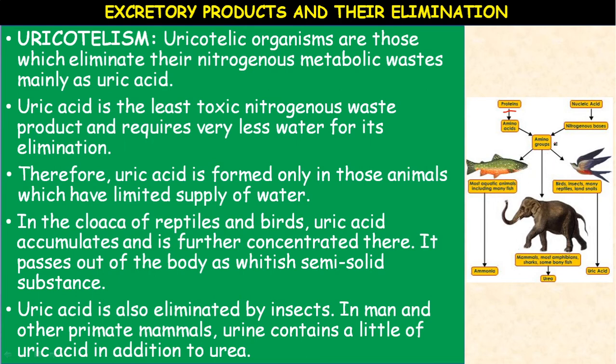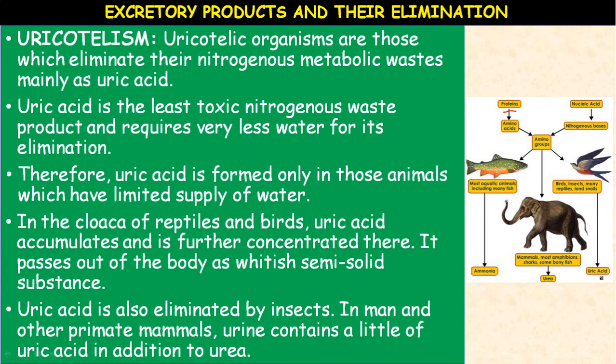Whereas in mammals, most of the amphibians, sharks, and some bony fishes, they are converted to urea. And the same amino groups in birds, insects, many reptiles, and land snails are converted to uric acid.